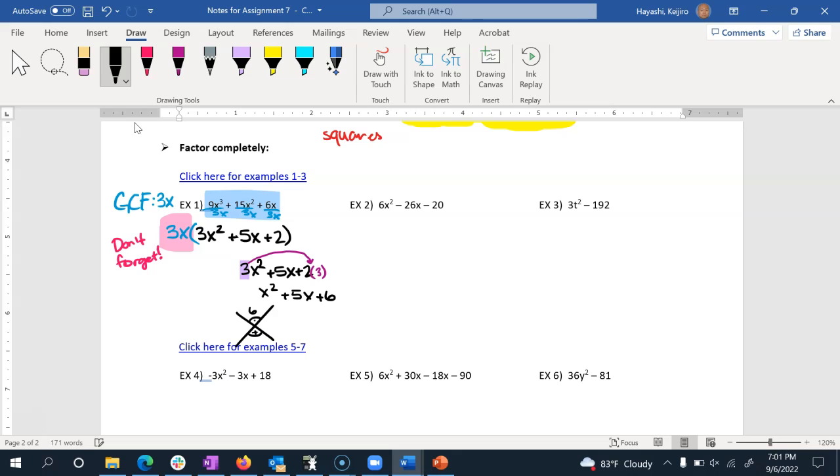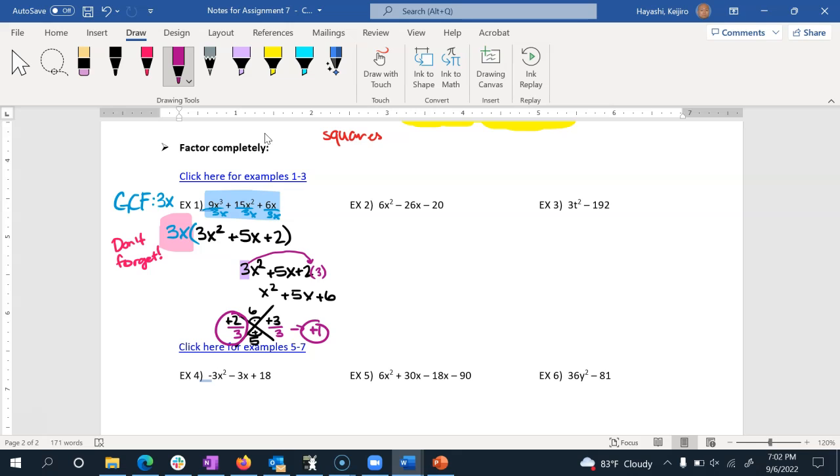Two numbers that multiply to 6 but add up to 5: 2 and 3, plus 2 and plus 3. Except this was a slide and divide, so we've got to now divide by 3. Plus 2 over 3 does not reduce, but plus 3 over 3 does reduce. It reduces to plus 1.